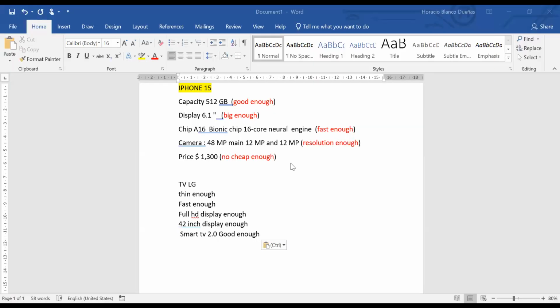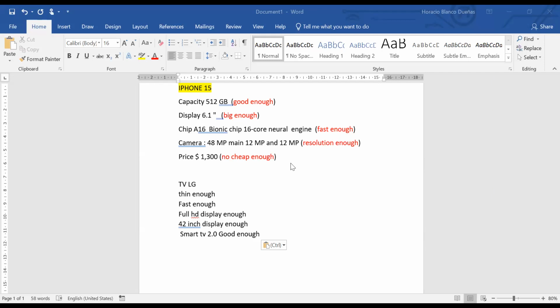We have only two products. The iPhone 15. The capacity 512 gigabytes is good enough. The display 6.1 inch is big enough.